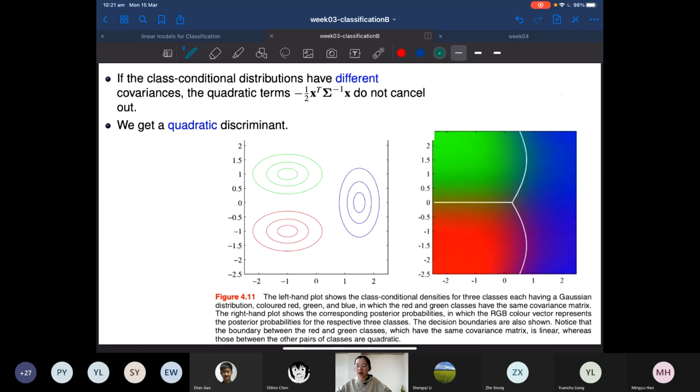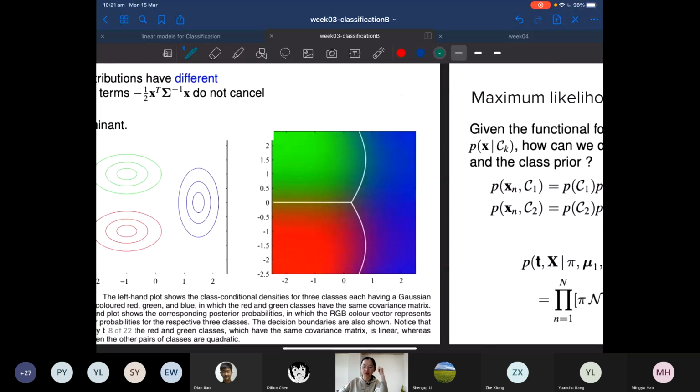We can see that the discriminant function, or class posterior, between the red and green ones is linear, while the discriminant function against the blue one, meaning the contour line where the posterior probability is equal between the two classes, is a quadratic curve.